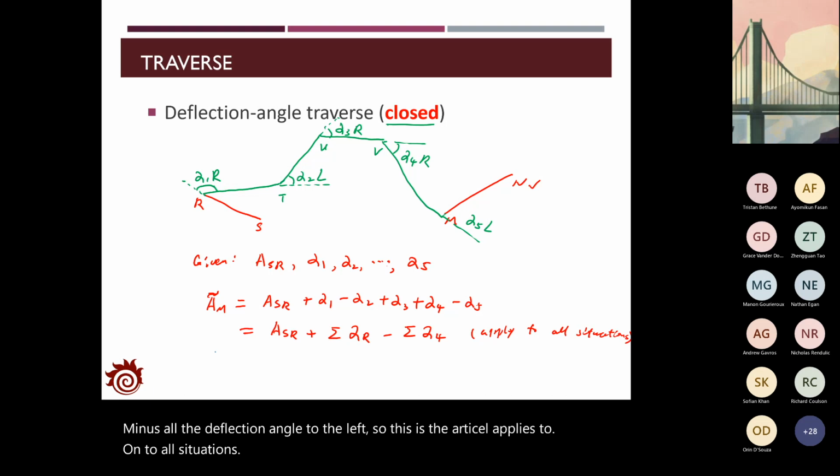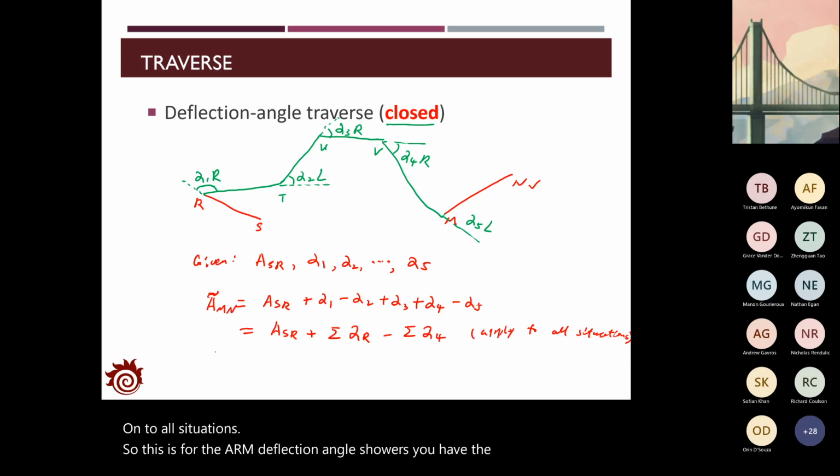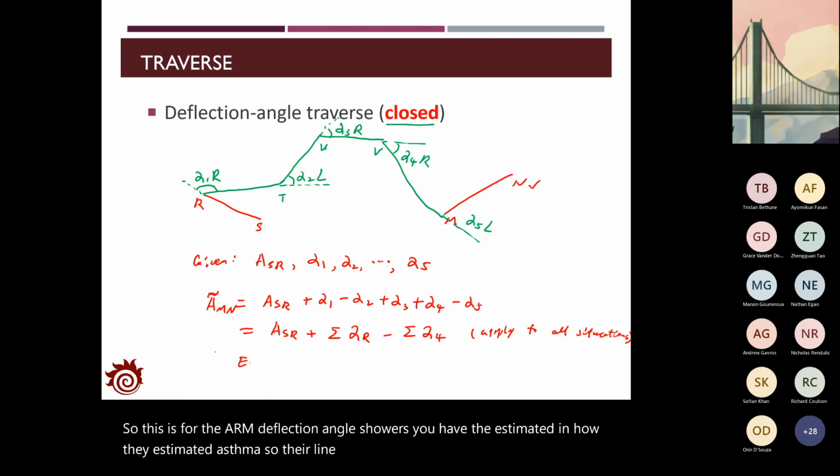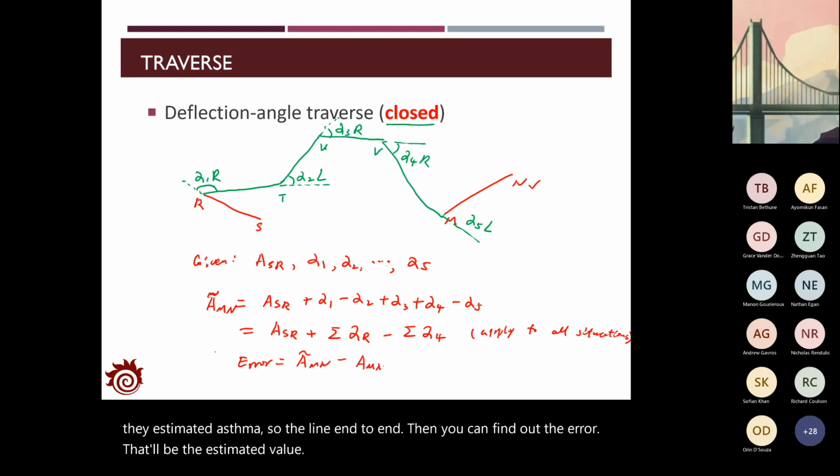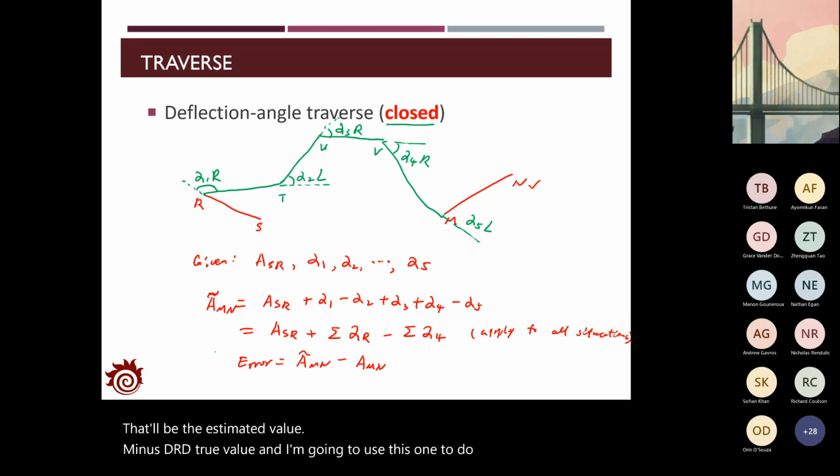So this is for the deflection angle traverse. You have the estimated azimuth of the line M to N. Then you can find out the error. That will be the estimated value minus the true value, and I'm going to use this to do the correction.